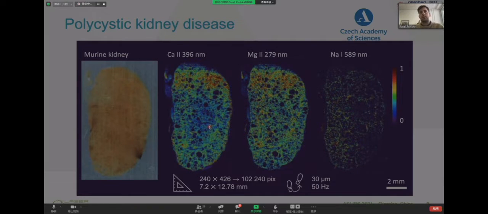We harvest those organs from mice at different weeks. So from the birth of the mouse it's affected by this polycystic kidney, and at 10, 20 weeks we are harvesting those organs before the mouse dies, and we try to do some relevant imaging.